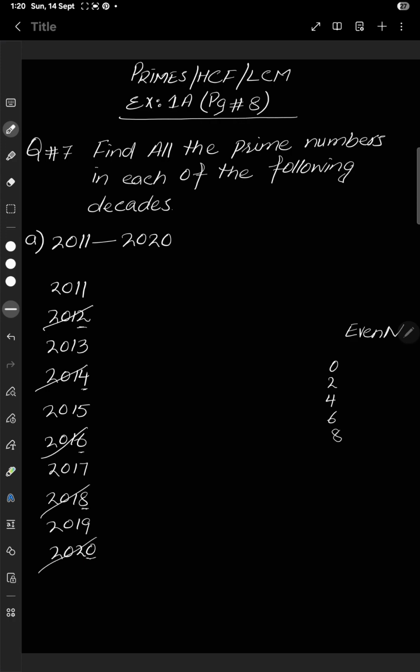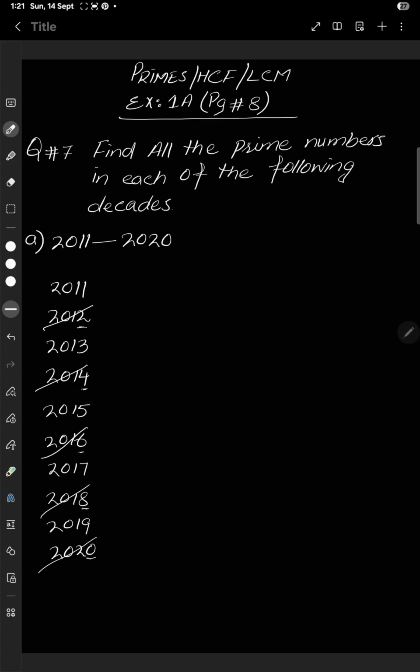Now I will check for the number 3. If any number among the remaining numbers is divisible by 3, I will remove that number also. So for checking for the number 3, I will take the sum. 2 plus 1, 3, 3 plus 1, 4. This number is not divisible by 3. 2 plus 0 plus 1, 3, 3 and 3, 6.